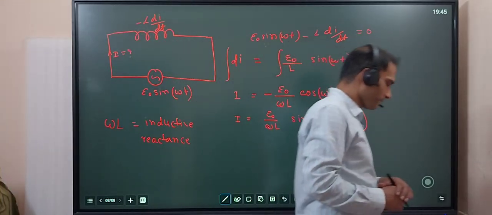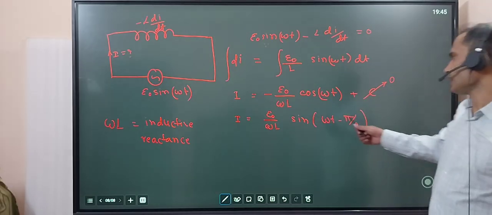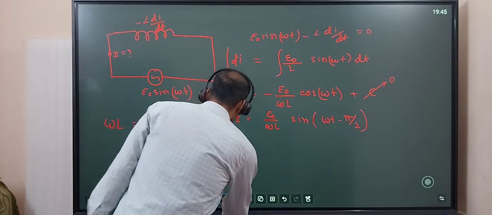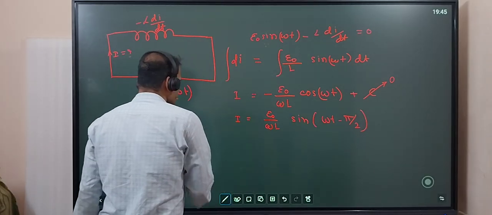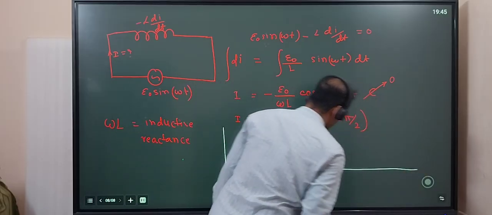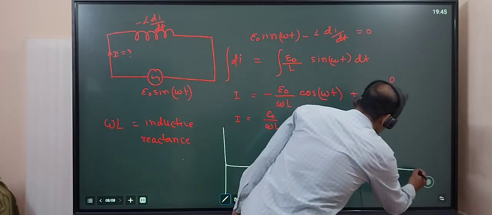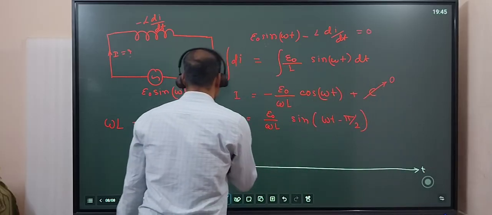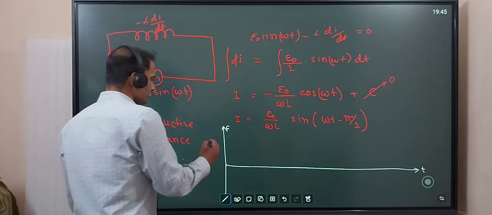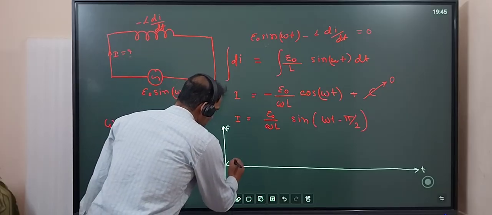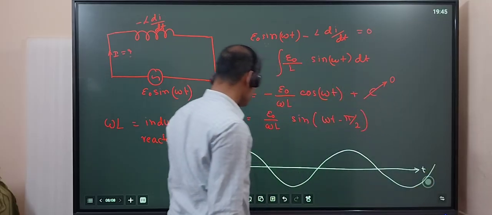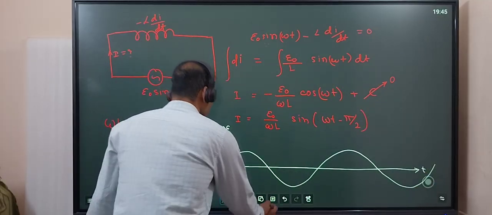Now we will try to discuss this part. For that we need to make a graph, and the graph will be something like this. This is T, and first I will draw EMF. EMF is a simple sine curve.